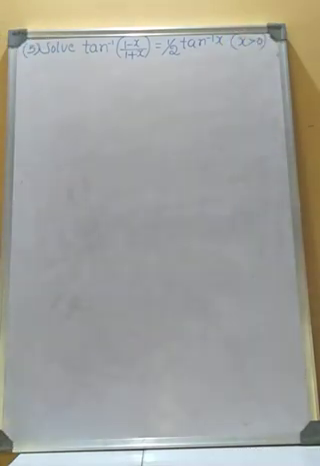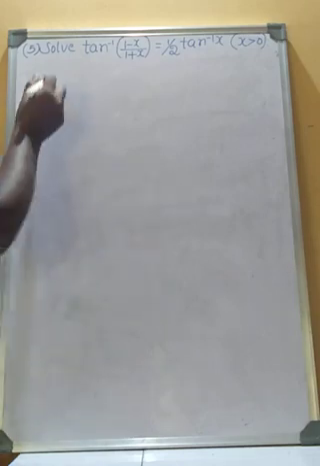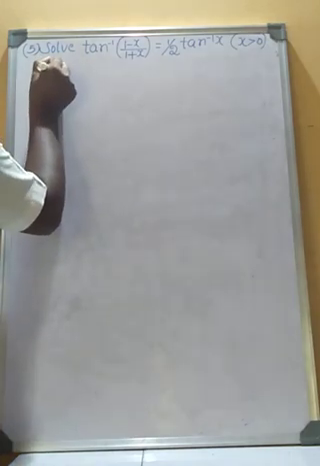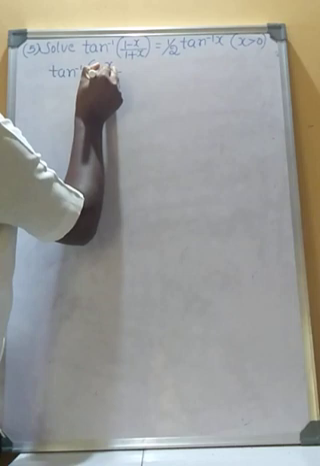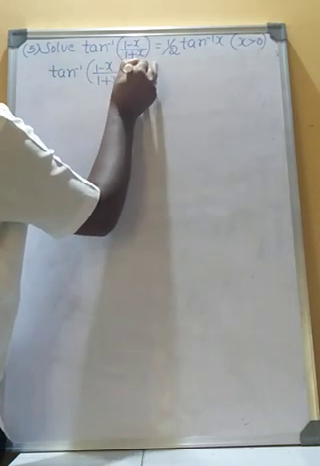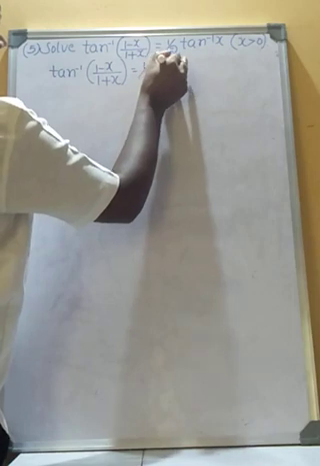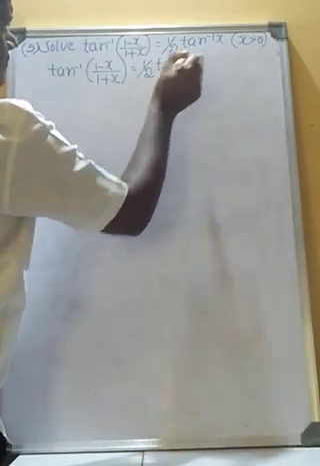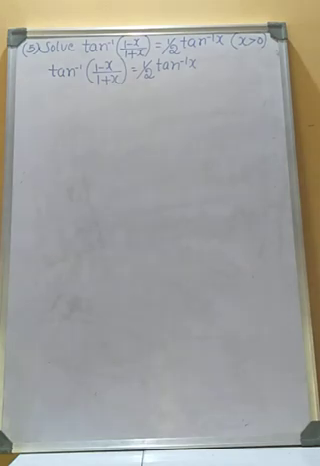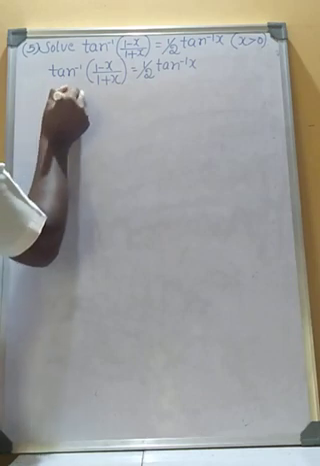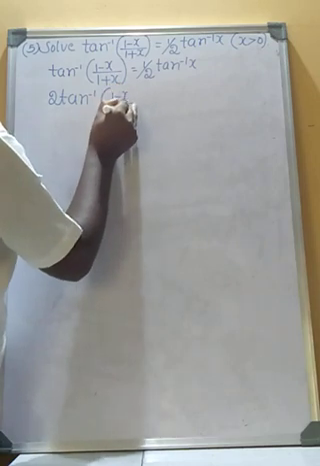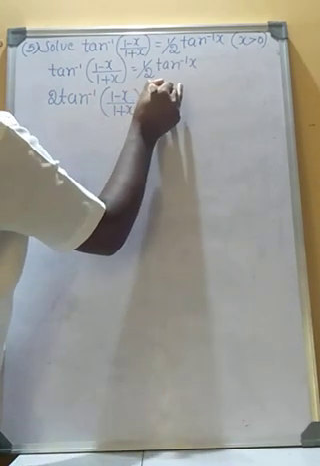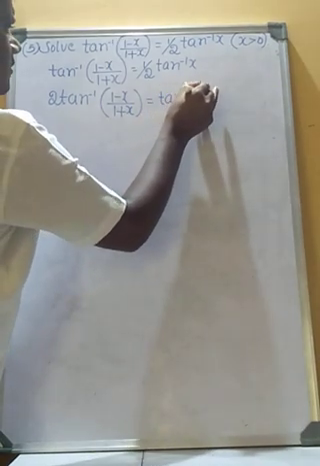Here also solve for x. So write the given: tan inverse of (1 minus x) divided by (1 plus x) equals 1 by 2 into tan inverse x. By cross multiplying this equation, 2 tan inverse of (1 minus x) by (1 plus x) is equal to tan inverse x.